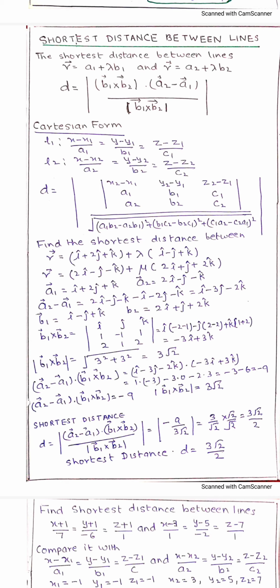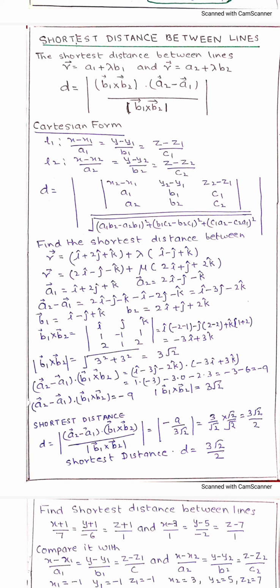Cartesian form is, if lines are given, x minus x1 upon a1 equals y minus y1 upon b1 is equal to z minus z1 upon c1, and line 2, x minus x2 upon a2, y minus y2 upon b2, z minus z2 upon c2.